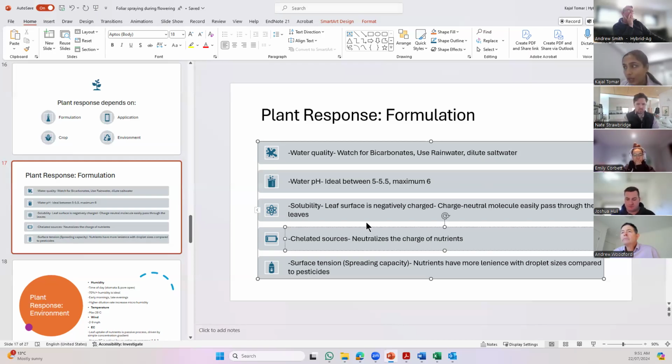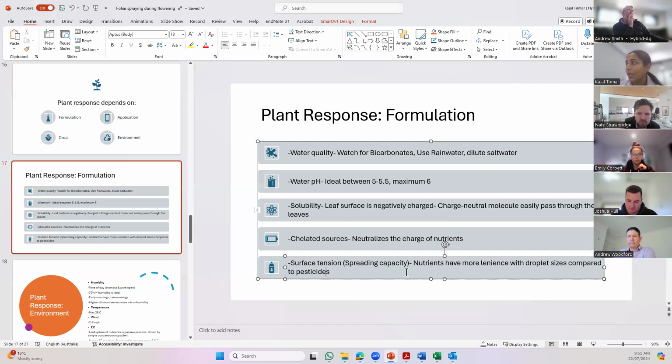Chelated sources, so those charge-neutral molecules, chelation comes into play, and it neutralizes the cations and anions of the nutrients in the tank mix. Chelated sources can be carbon, molasses, amino acids, fulvic, humics, all of those sources that we are well aware of.